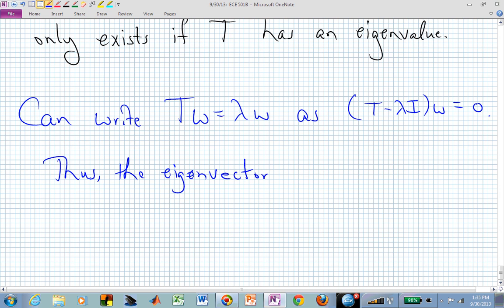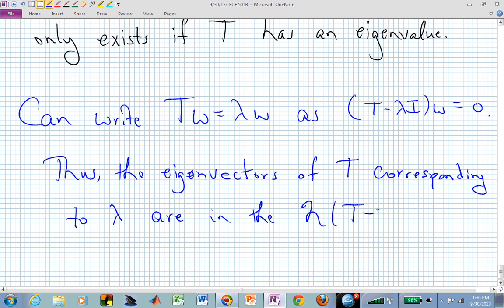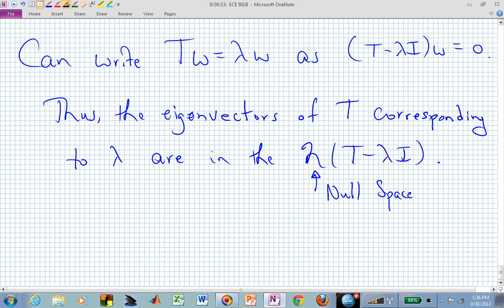Thus, the eigenvectors of T that are corresponding to this eigenvalue lambda are in the null space of this operator T minus lambda I. Or you could say that another way.